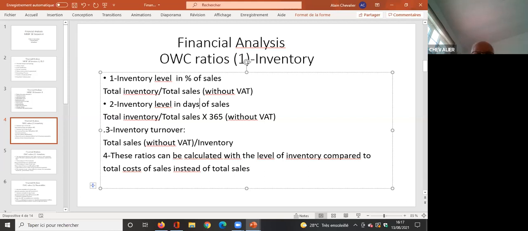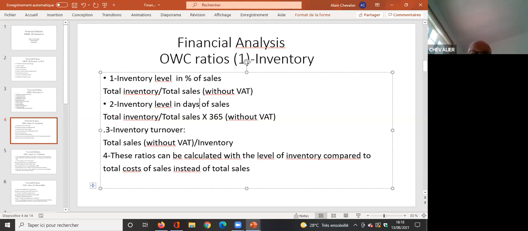For example, let's come back to my calculation: 20 for the inventory, total sales is 100, that's 20% multiplied by 365, which is 73. You will get, as a result, 73 days of sales without VAT. The inventory level as it is recorded in the balance sheet is equal to 73 days of sales without VAT.